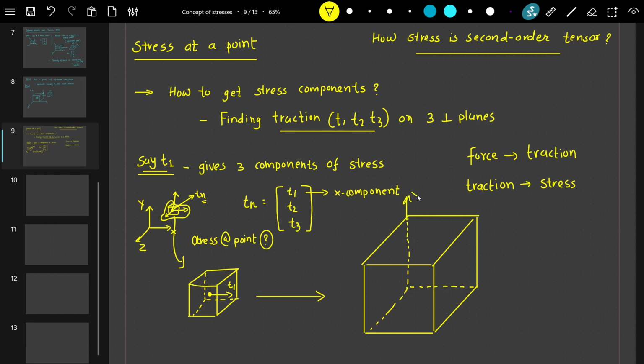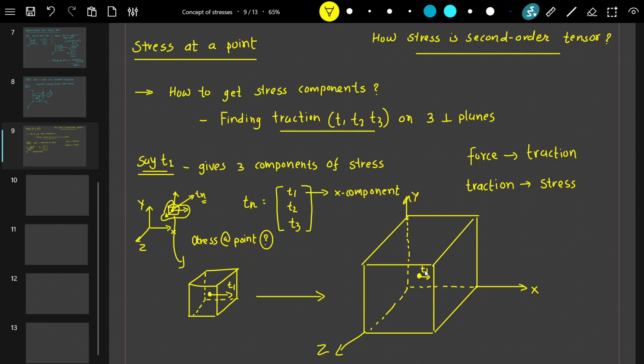This is the y-axis, this is our x-axis, and this is the z-axis. Let's take this as T1.